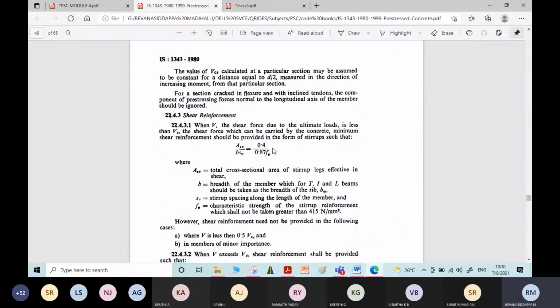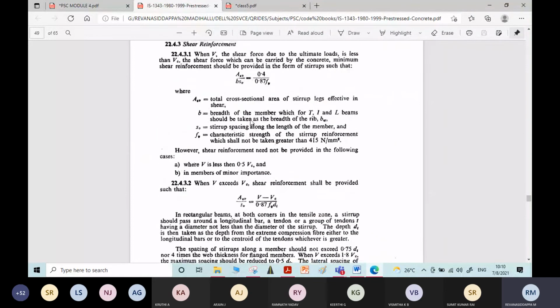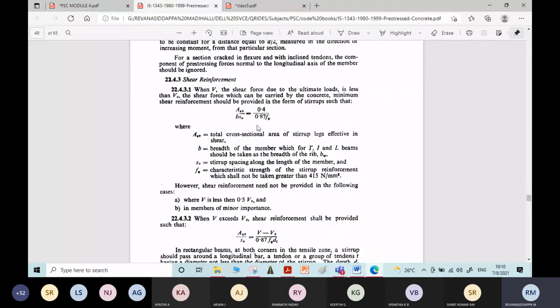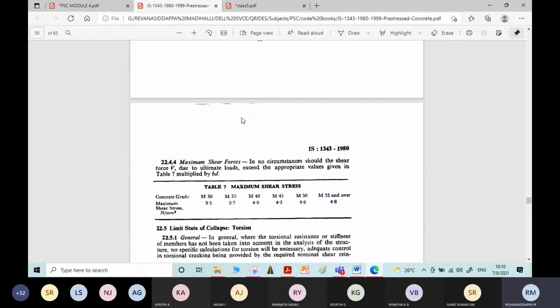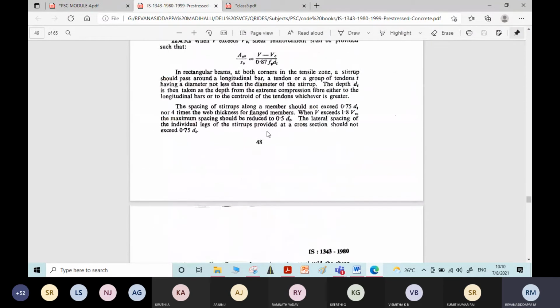Using this formula, for minimum shear reinforcement, you will get one SV. Then 0.75 dt, if you calculate, you will get one particular spacing, and 4 times web thickness for flanged members, 4 times B, you will get another spacing.